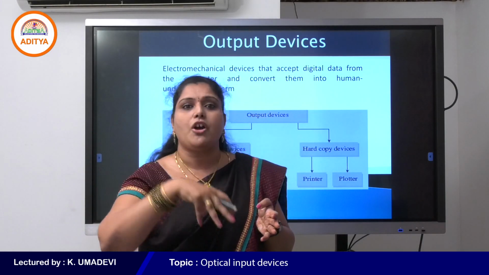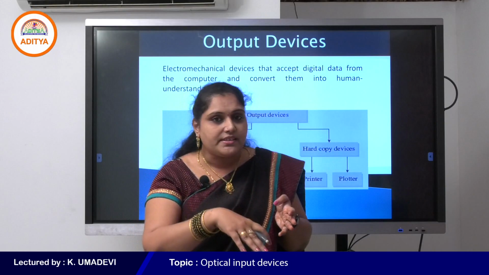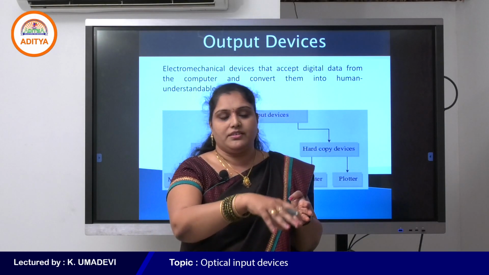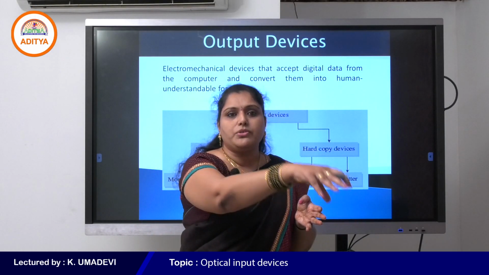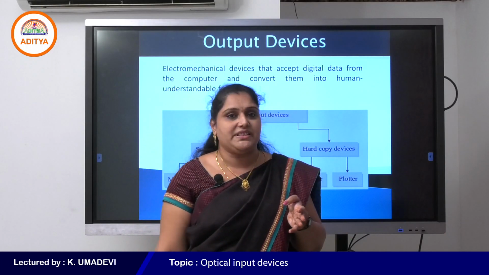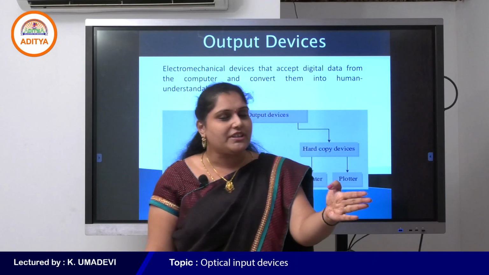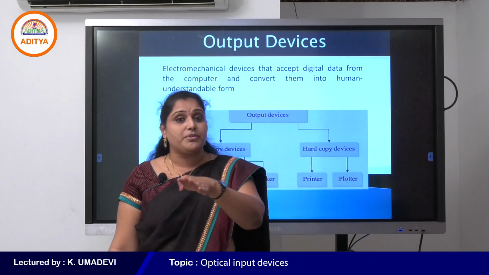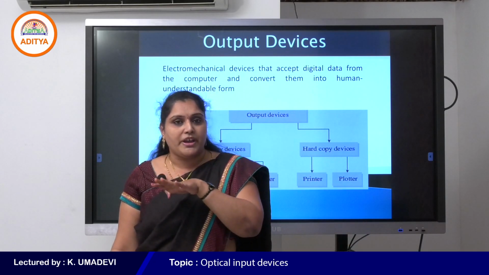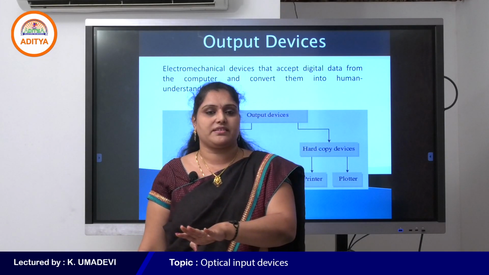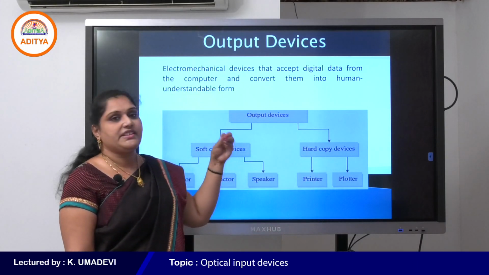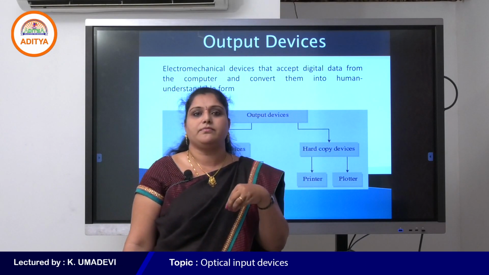But now by using output devices, the system needs to convert the output to human readable form. That means it accepts the set of instructions from the computer and converts them into human readable form. So by using output devices, we can receive the data from the system.